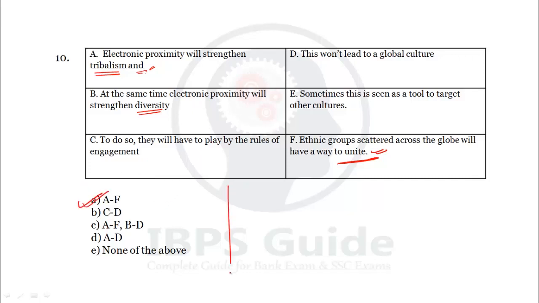Guys, this type of questions are very tricky. So you just try to understand the meaning of the sentence, and most important thing, try to think logically. Your thinking should be logical. Whenever you get two options, always remember that the first sentence and second sentence will be logically arranged.